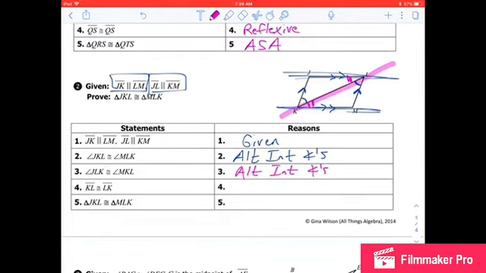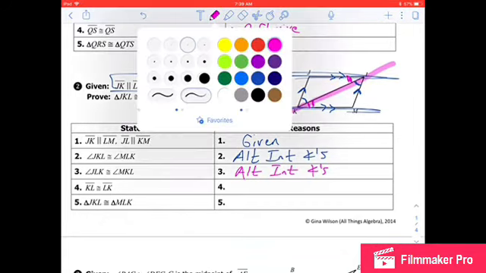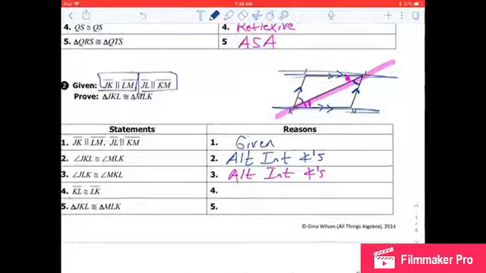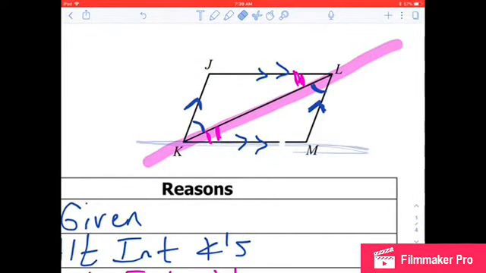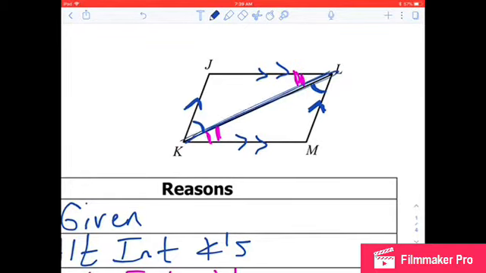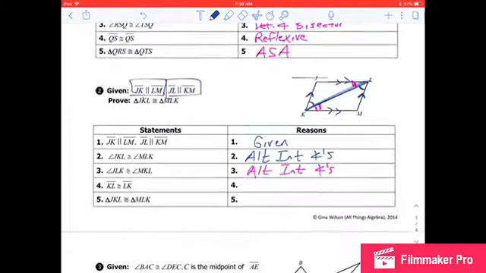And then finally, we're looking at kind of the same situation here. If you look at this pair of angles, this line in the middle is the same for both triangles. So KL congruent to KL by reflexive.